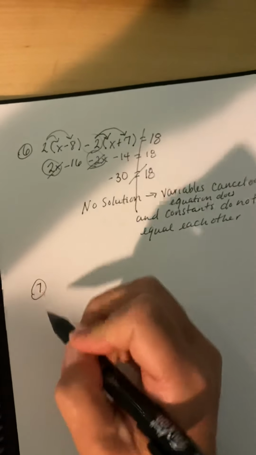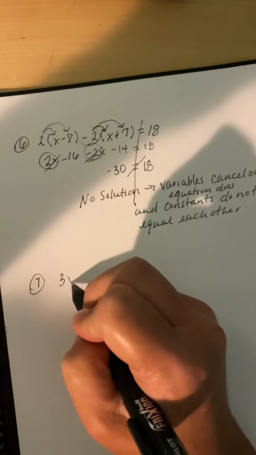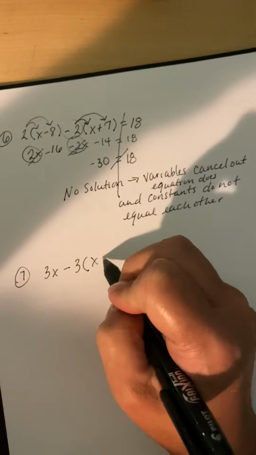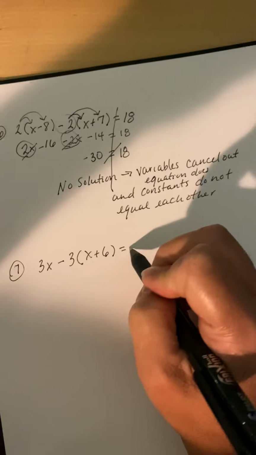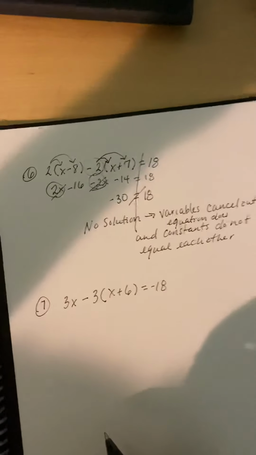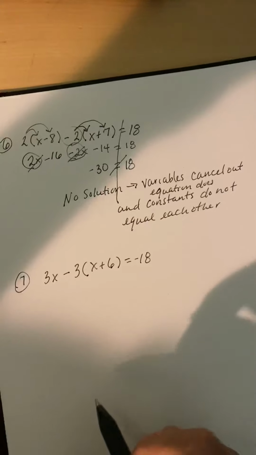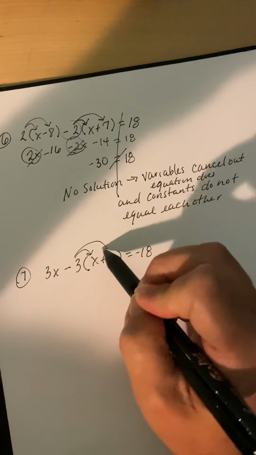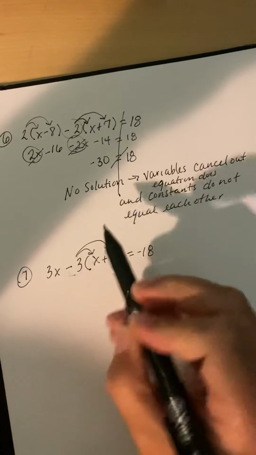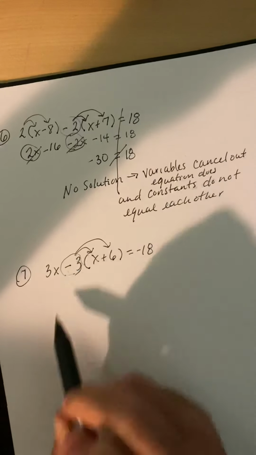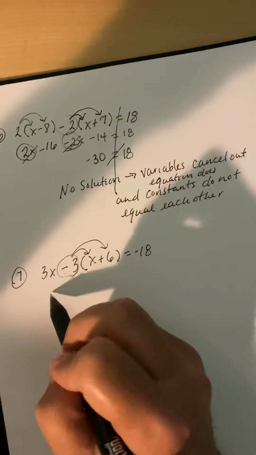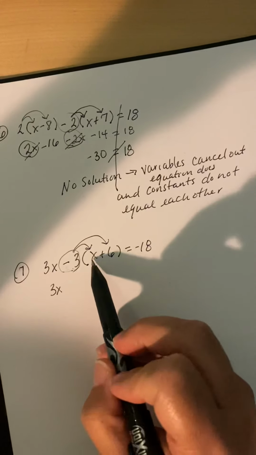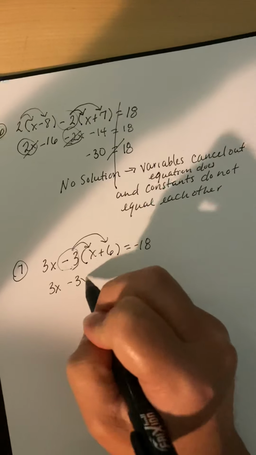Let's move on to number 7 here. Let's do 3x minus 3 times the quantity of x plus 6 equals negative 18. All right, so on this one, we're going to start out by distributing, and we're going to distribute a negative 3. You always want to look at the sign in front of the number. So bringing down that first number, 3x. So negative 3 times x is negative 3x.